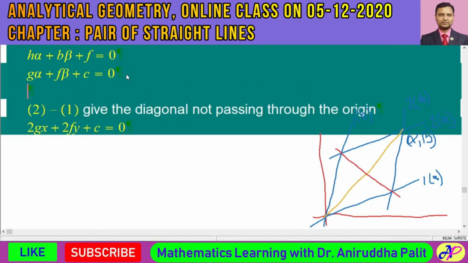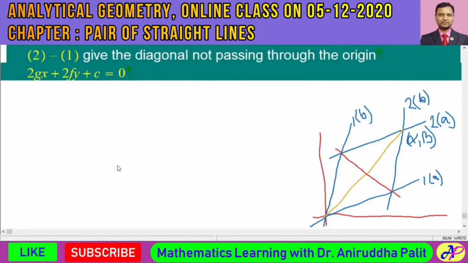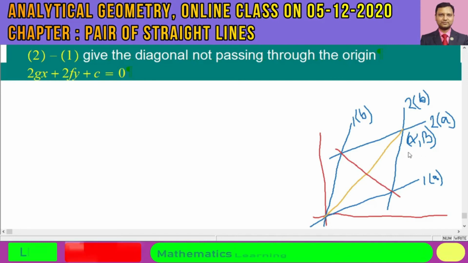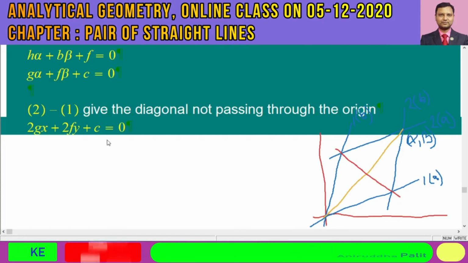And what would be the equation of the first diagonal passing through the origin? You see, this is the point alpha comma beta, and it is passing through the point 0 comma 0. So we have a straight line passing through the point 0 comma 0 and the point alpha comma beta. How to compute the equation of that straight line?